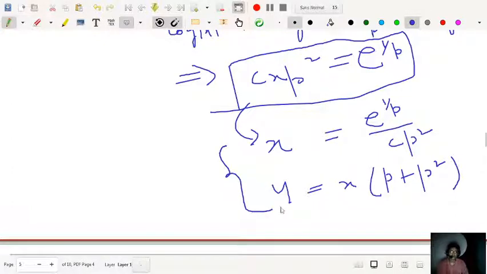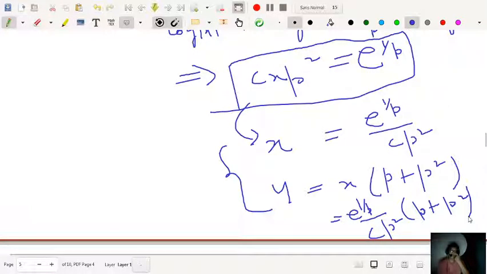Okay, so x and y, you can eliminate, you can substitute your x here. So e to the power 1/p by c p square into p plus p square.